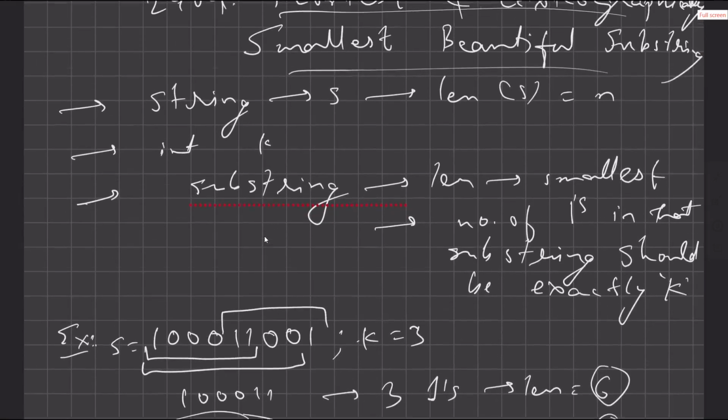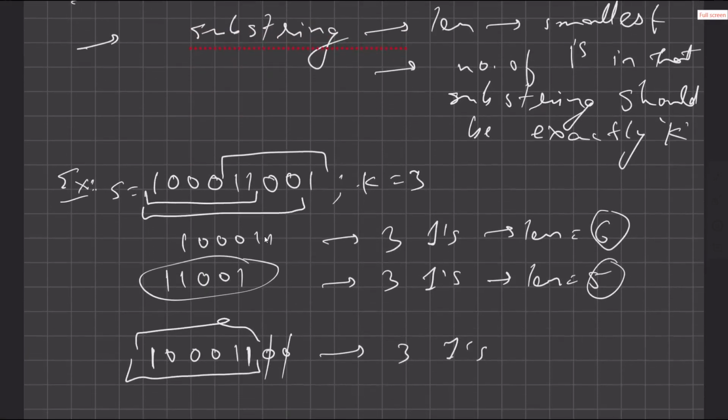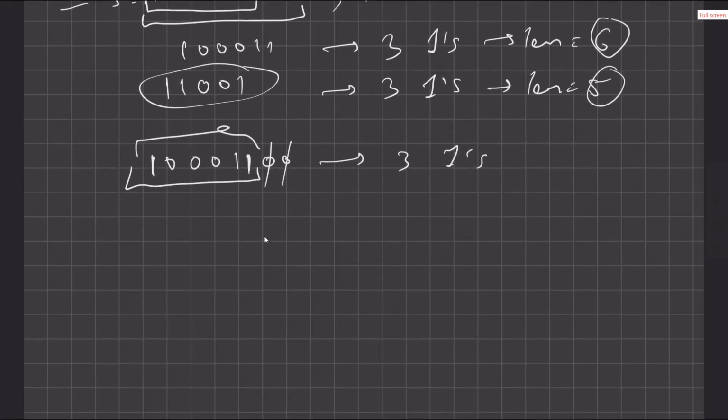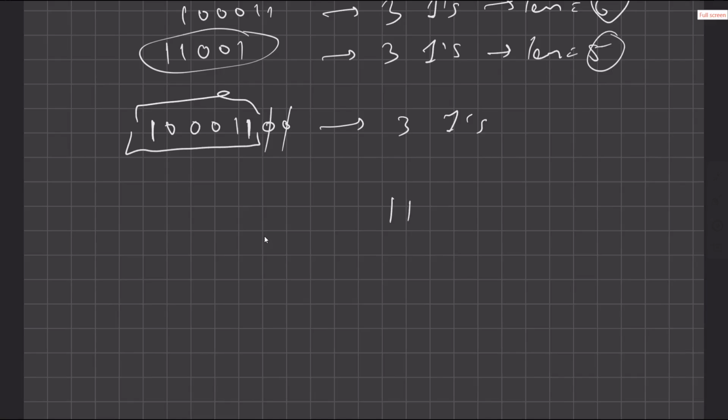Both shortest length and lexicographically smallest: if two substrings have equal length, then we have to find the lexicographically smallest. By lexicographically smallest, let's say we have a string 1 1 0 0 1, where k is 3, and we have 1 0 0 1 1.